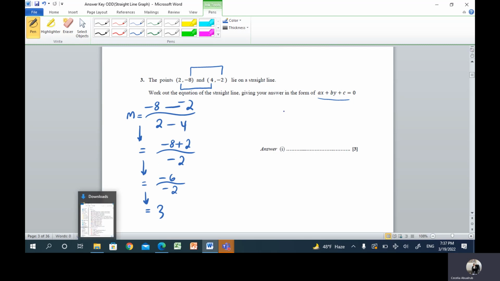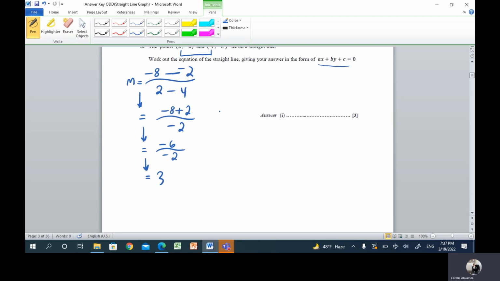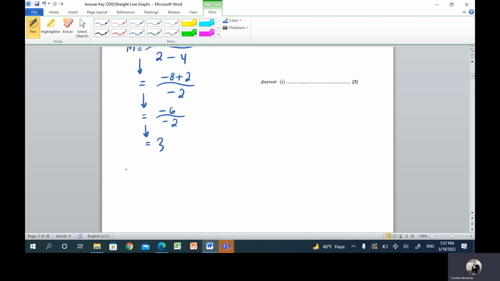So we found m. After we find m, I can't see any of the points representing the y-intercept, right? So what are we going to do? We're going to say y equals 3x plus c.